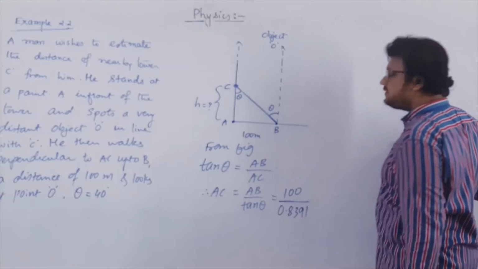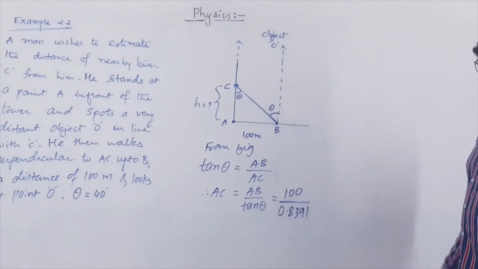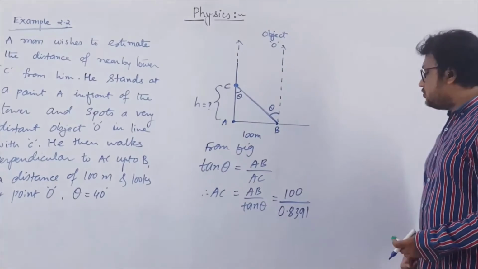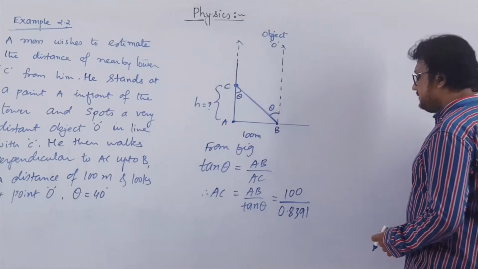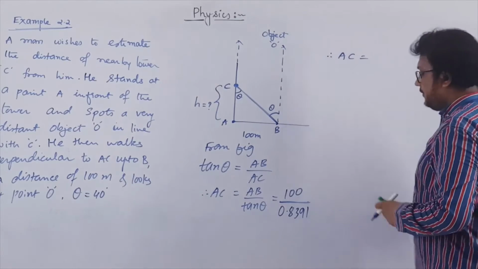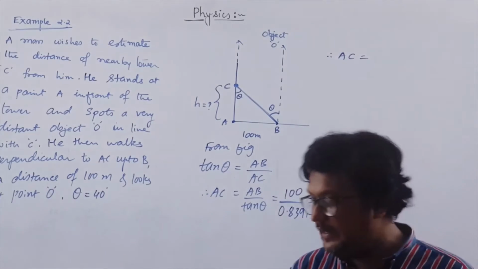You have to remember this, or otherwise it will be given to you, or we can easily find this from the table. So 100 divided by 0.8391. Therefore AC will be equal to 100 divided by 0.8391.